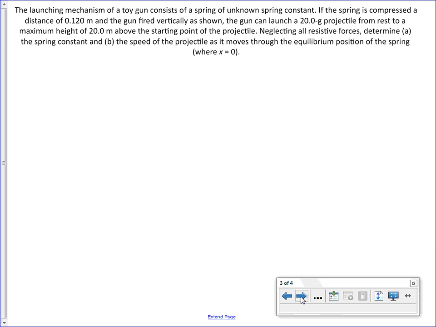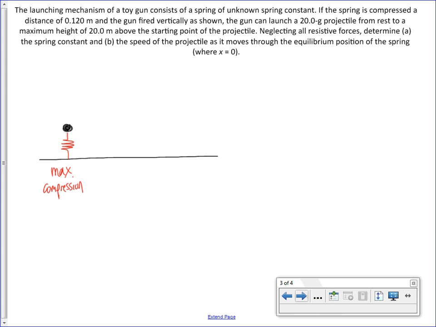All right, in this question, imagine you've got a toy gun. I'm not going to draw it. But we can basically look at three different instances in time about what's going on inside the gun. In one instant, we've got a spring, and we put a projectile on it, and somehow you cock this thing, and the spring is compressed the most it's ever going to be compressed, right?